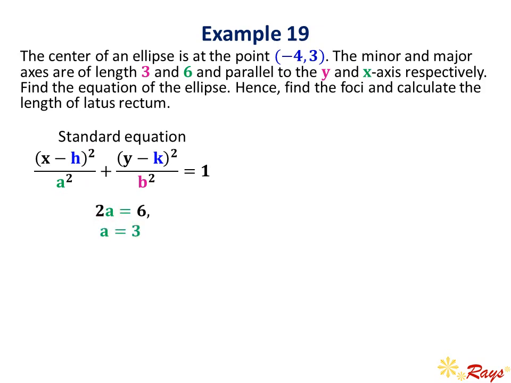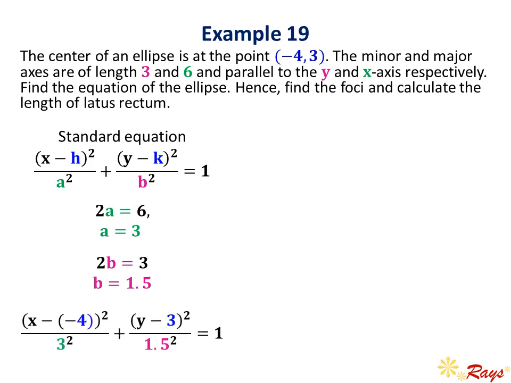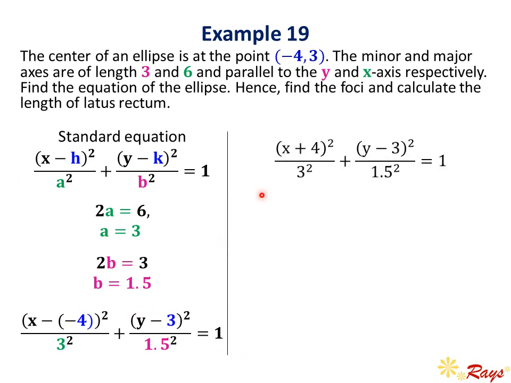Therefore, a is equal to 3. Similarly for the minor axis, the length of the minor axis is 2b. Therefore, b is 1.5. So substitute all the values into our standard equation. So therefore, this is the equation of our ellipse.